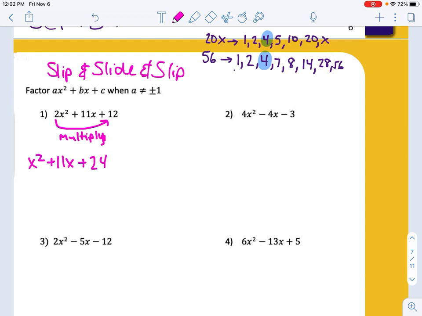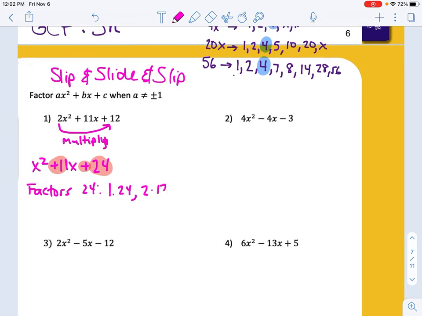We need to find the factors of 24 that add to positive 11. So if we look at the factors of 24, we have 1 and 24. We have 2 and 12. We have 3 and 8.